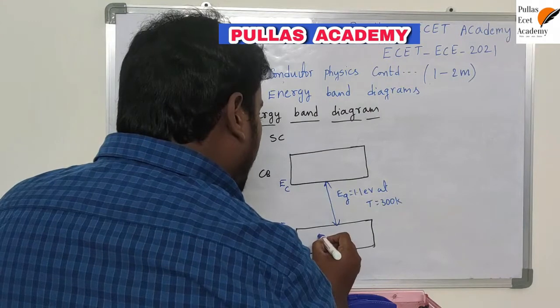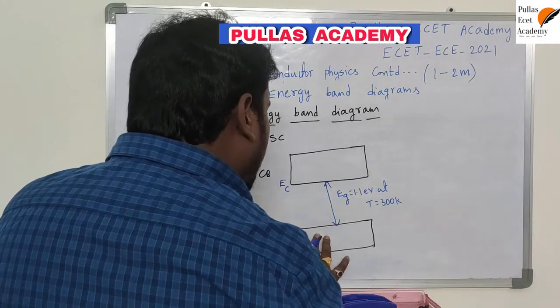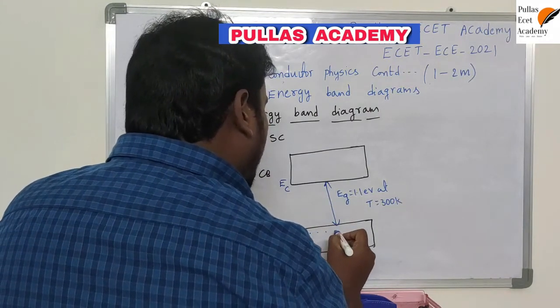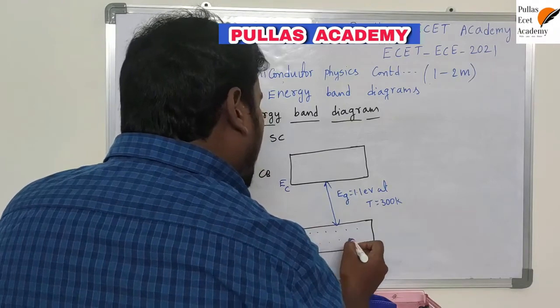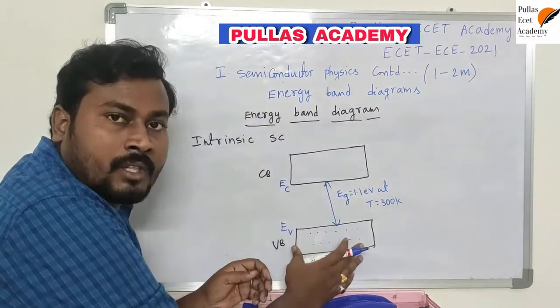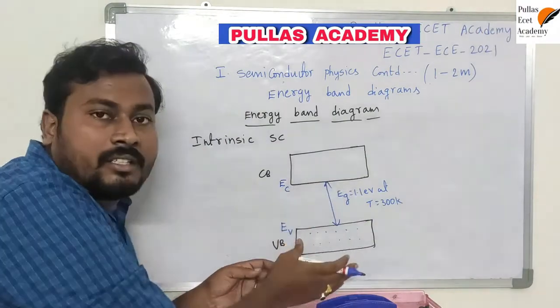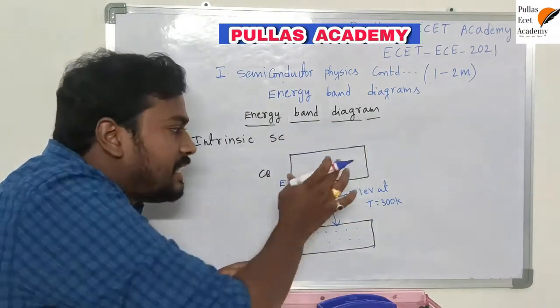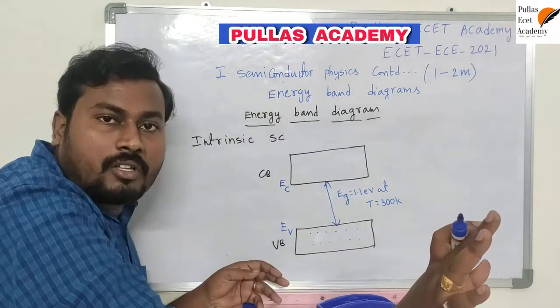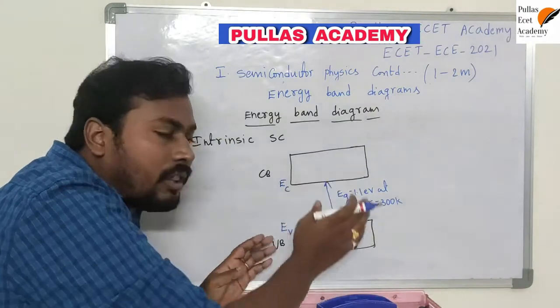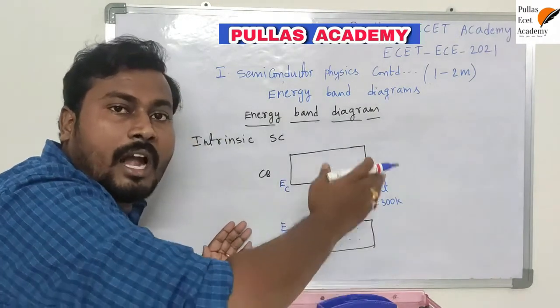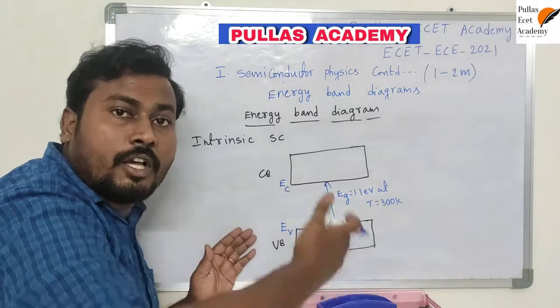Now let's say an electron is moving from here. There are electrons here in the valency band. These are all bounded electrons. At T equal to 0 Kelvin, there are no free electrons. All the electrons are bounded in covalent bonds.